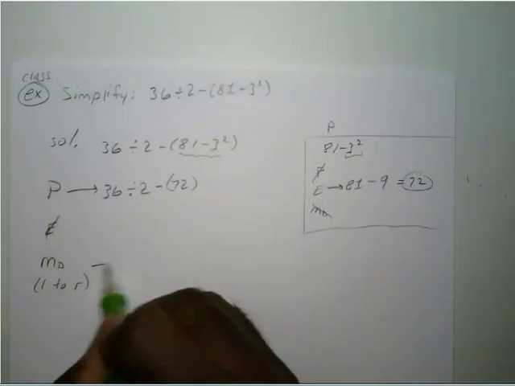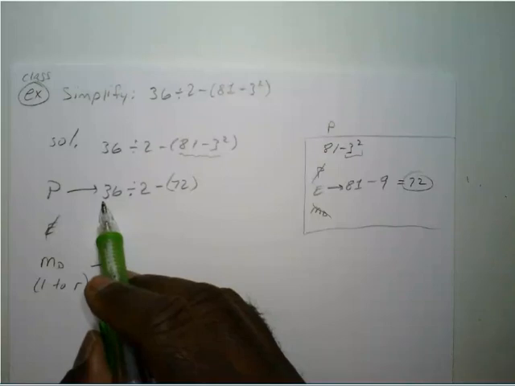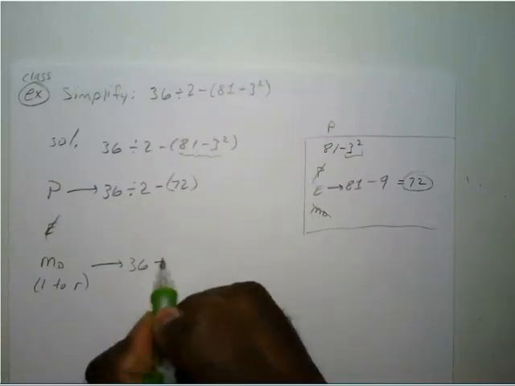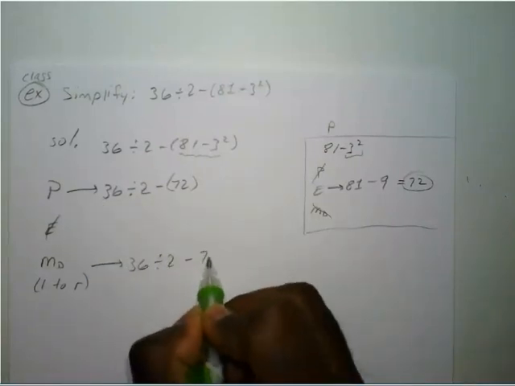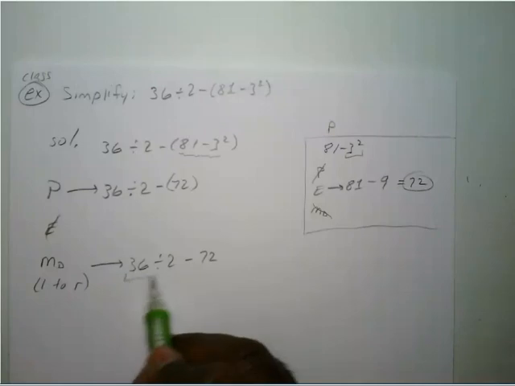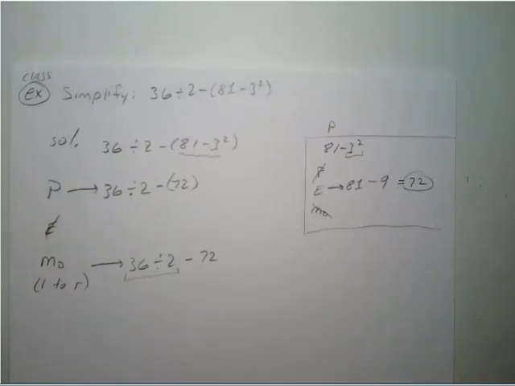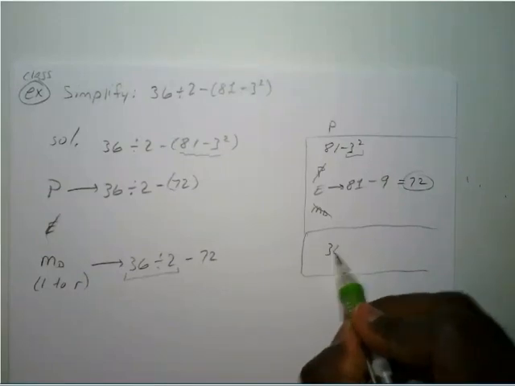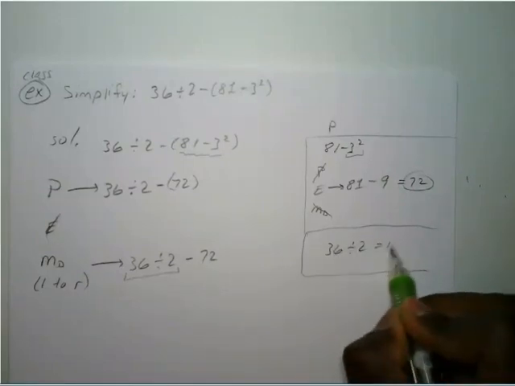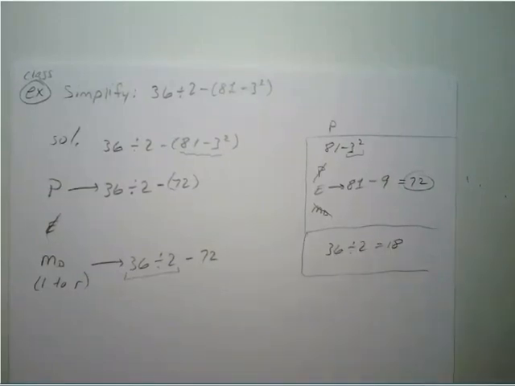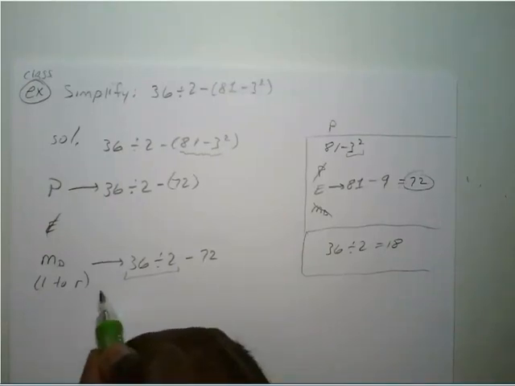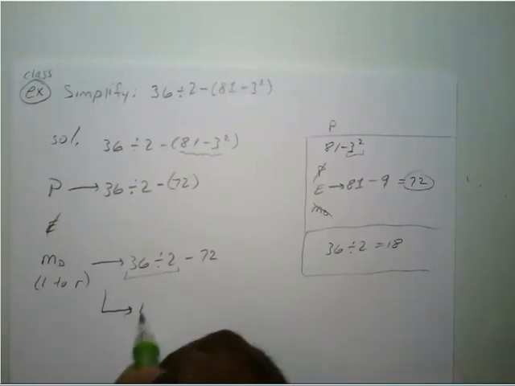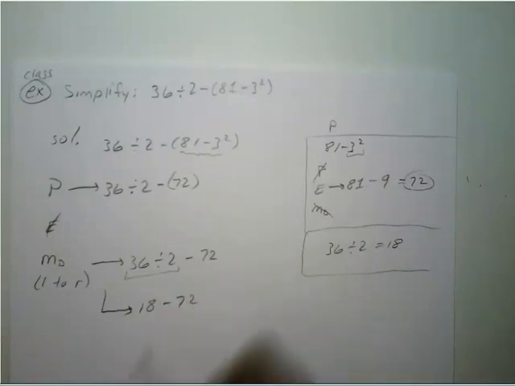Okay, so going from left to right, I'm just going to rewrite it. 36 divided by 2 minus 72. 36 divided by 2 is equal to 18. Okay, so this now becomes 18 minus 72.